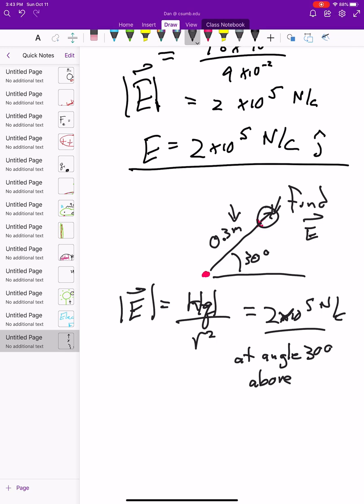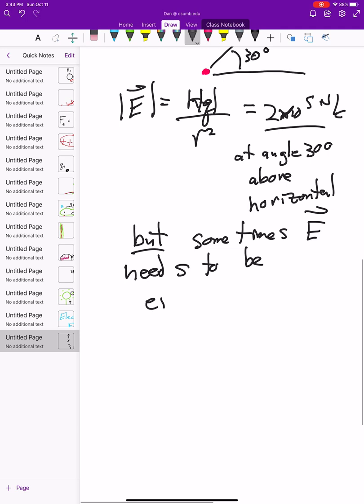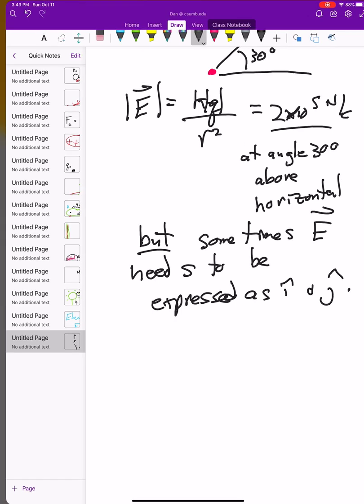But for reasons we'll see, sometimes we need to express them as i hat and j hat. So that's what I'm going to show you how to do.